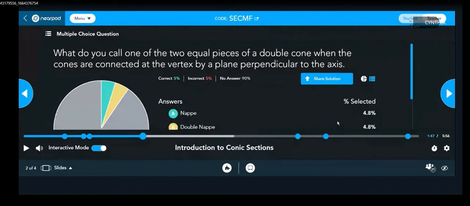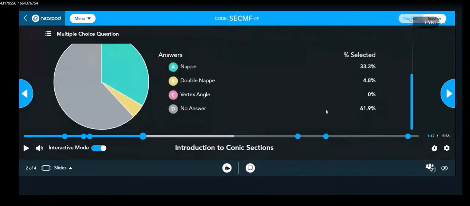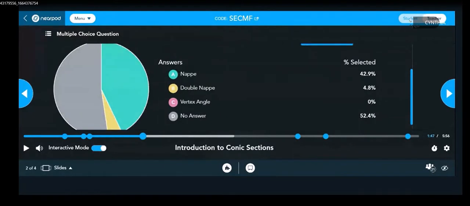So what do you call one of the two equal pieces when they're sliced at the axis? Now, y'all said this earlier in the chat. If y'all can remember and you're paying attention, most of you are getting this right. Yes, it is a nap. The double nap is what we're going to look at when we generate our conics.